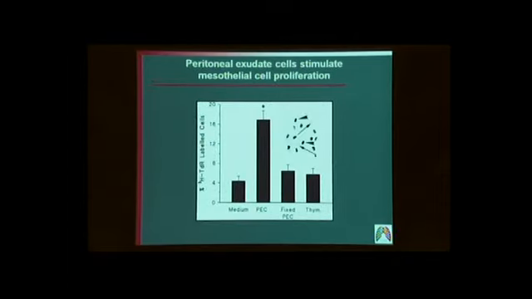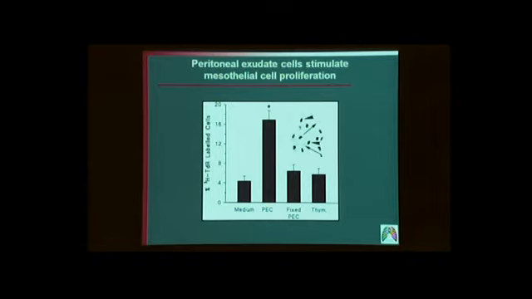What we did is take these inflammatory cells: we created a lesion in the peritoneum and washed out all these inflammatory cells. We put them into the testicular sac to see whether or not these inflammatory cells could induce proliferation of the mesothelium.